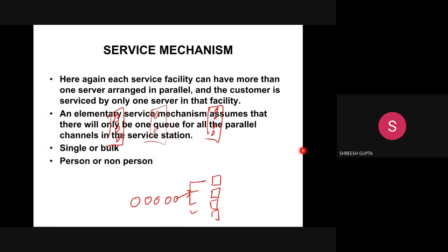The customer or server may be a person or a non-person. Sometimes we have the customer, sometimes we have the machine, sometimes we have the data, sometimes we have the call. So this data and call are not a person.